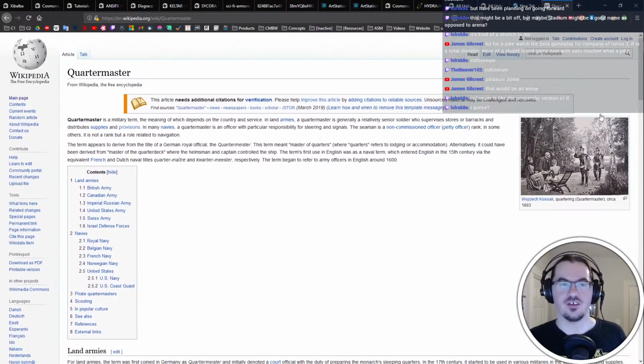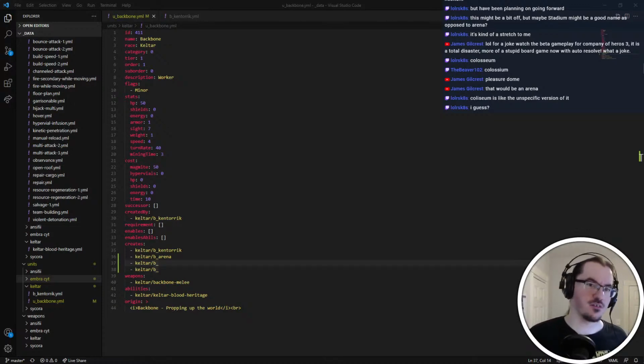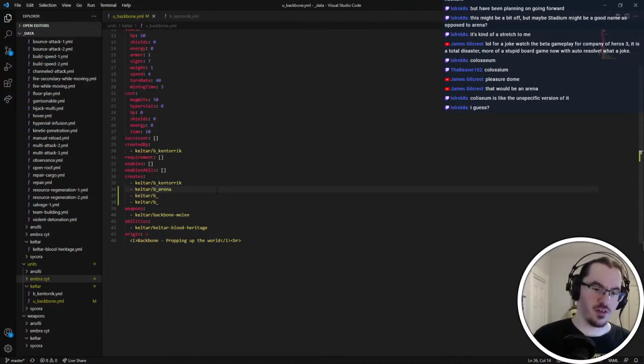So actually, a quartermaster could be a military rank or a name for an Ansifi structure or something. Although it is a bit generic. But I wrote it down anyway. So it's not really related to what we're doing right now.